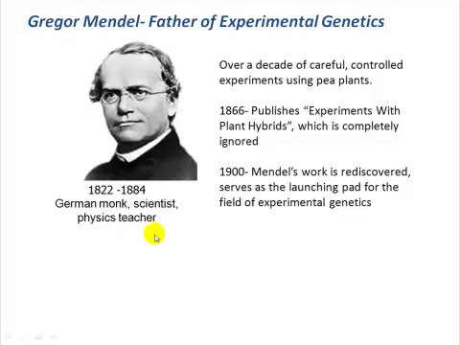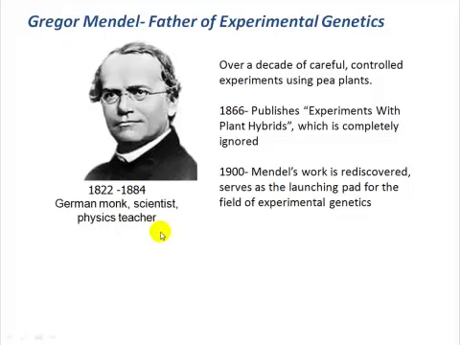He was a German monk, he was a scientist, he was a high school physics teacher, and critically important, he was really interested in inheritance and how the passing of genetic traits from parent to offspring occurred.